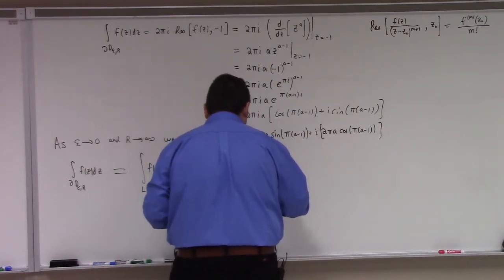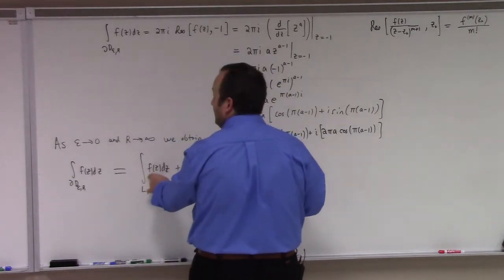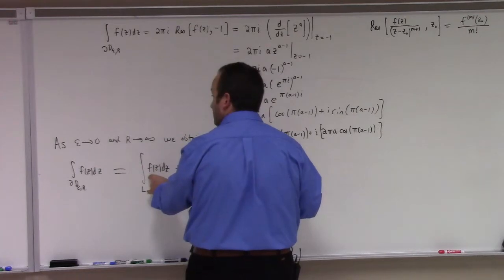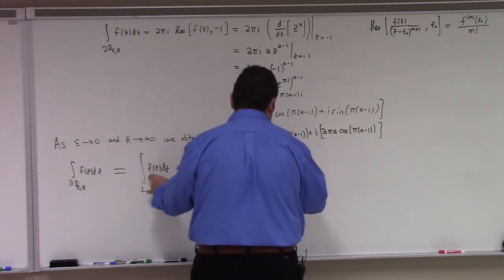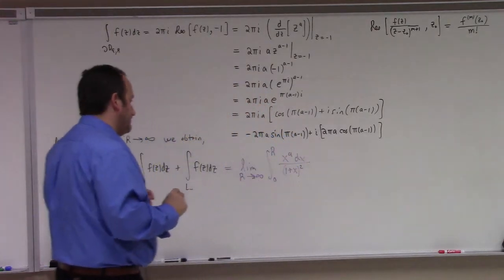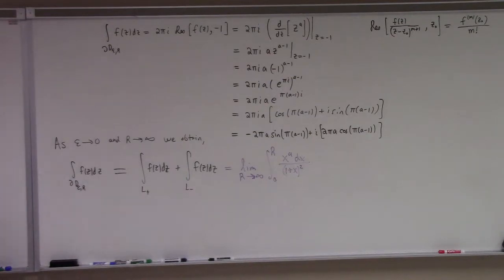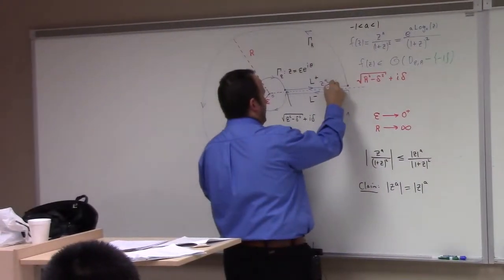But we're looking at the integral from 0 to r, and then we have f of x dx. So we have x to the a dx over 1 plus x squared, because up here z to the a is just equal to x to the a.